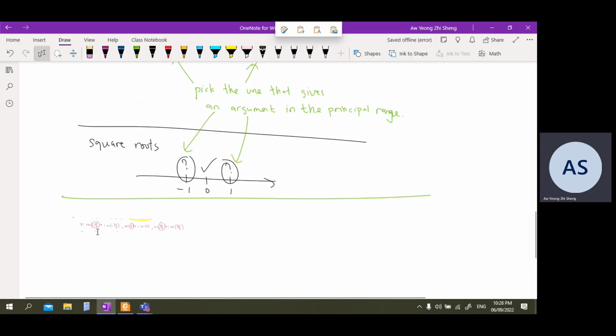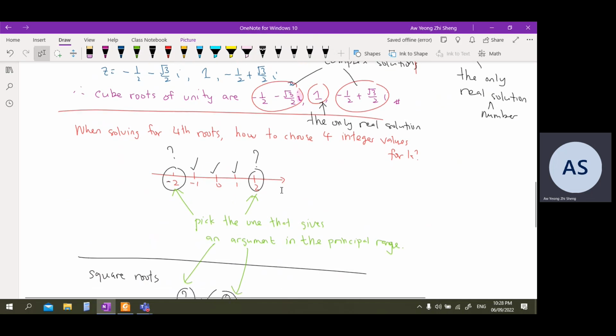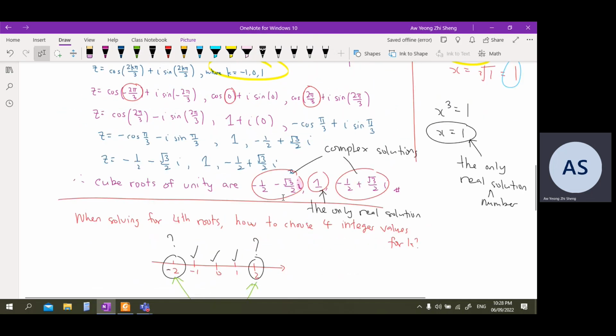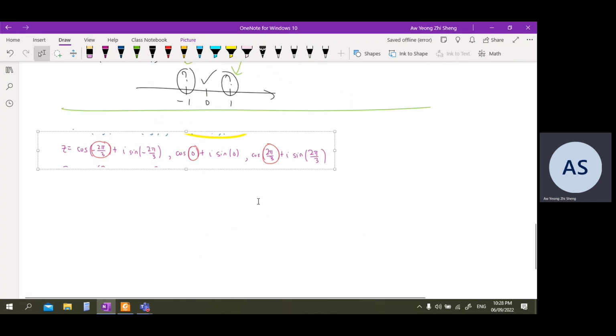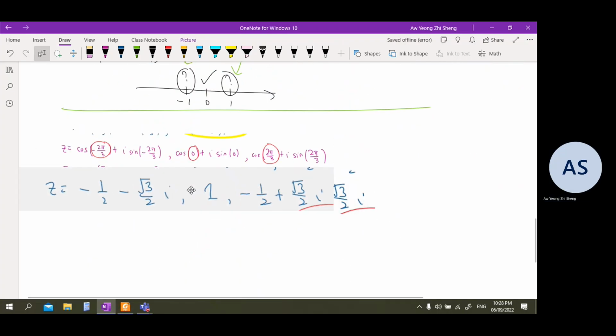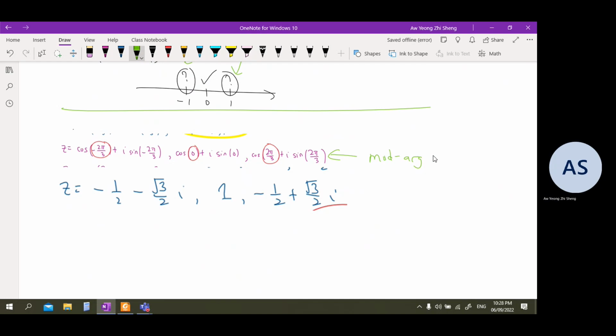We'll just paste the solutions over here in modulus argument form, and I would also paste over the solutions in Cartesian form, so that later you can compare. Okay, so this is in modulus argument form. These are solutions in Cartesian form.